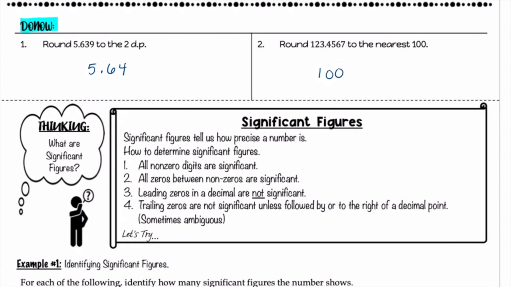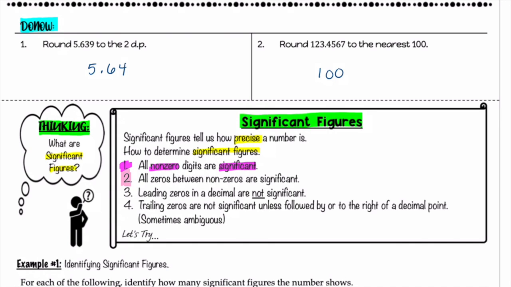Let's look at today's thinking. We are going to be talking about what are significant figures. Significant figures tell us how precise a number is. How to determine significant figures. 1. All non-zero digits are significant. Number 2.